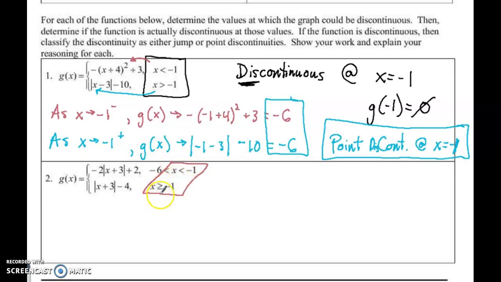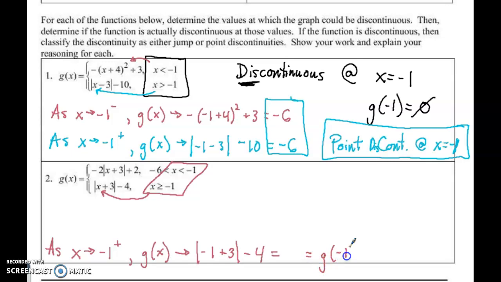Now I can't just look at this and say it's discontinuous, because the function is defined. Now, as you're doing the function's defined, notice that it's the bottom equation. So as you do x approaches -1 on the right side of this function, you're also figuring out whatever this equals will also equal g of -1.